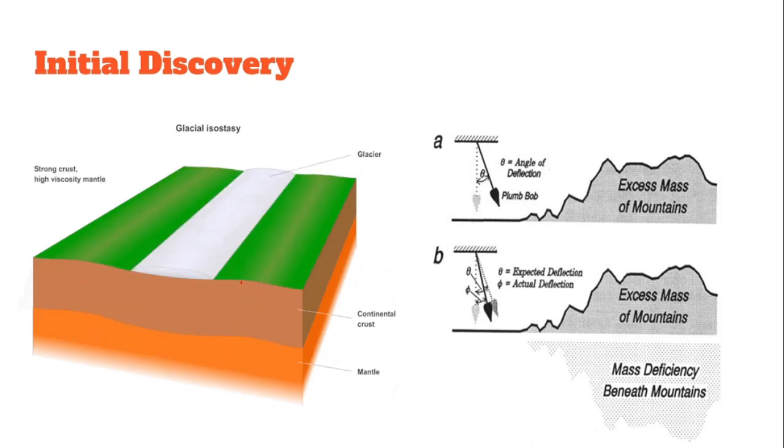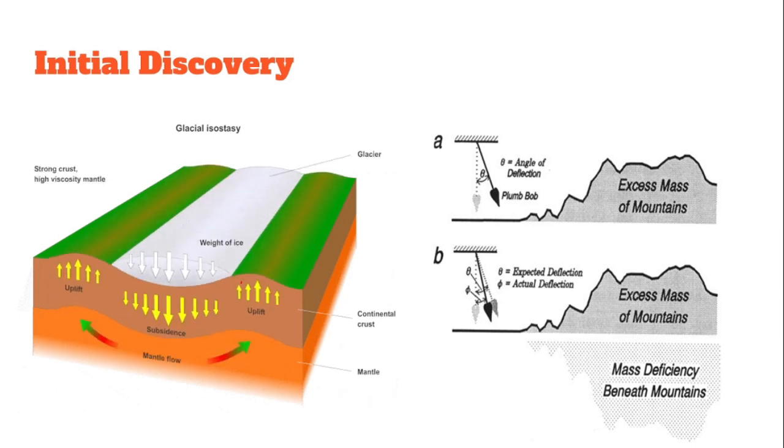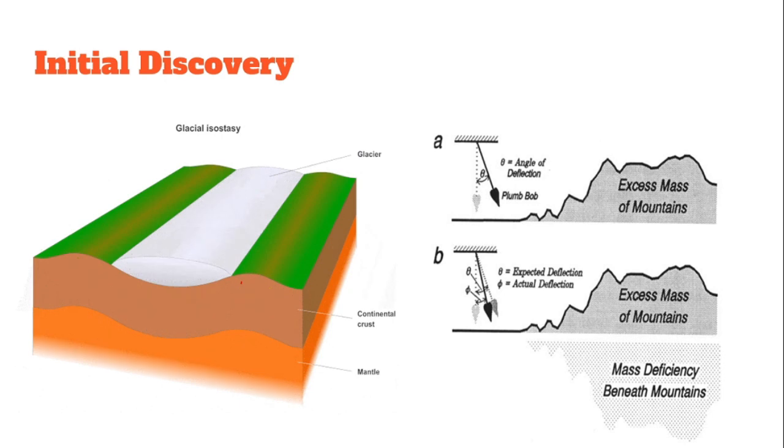Another was a very important expedition which occurred in the 18th or 19th century, in which renowned scientists were finding out the shape of the earth. They were determining the length of a latitude, and when they did this geodetic survey near the Andes, a very huge mountain chain, they expected the plumb bob, which they used for gravity and geodetic surveys, to deflect at a very high angle due to the excess mass of the mountains of the Andes.